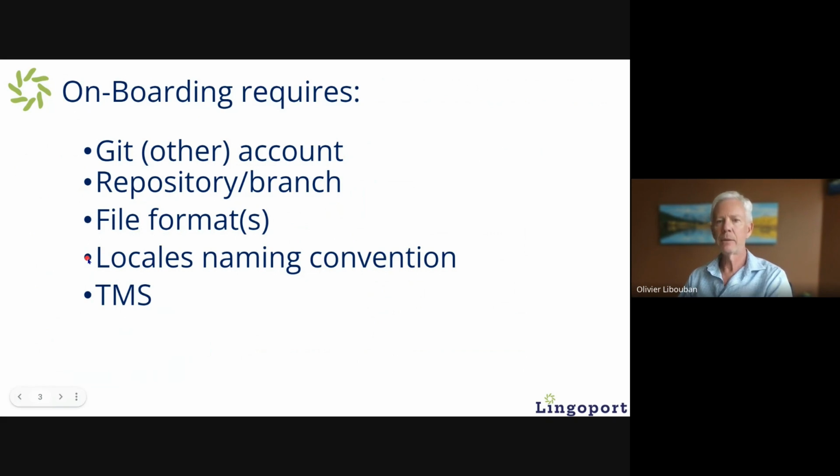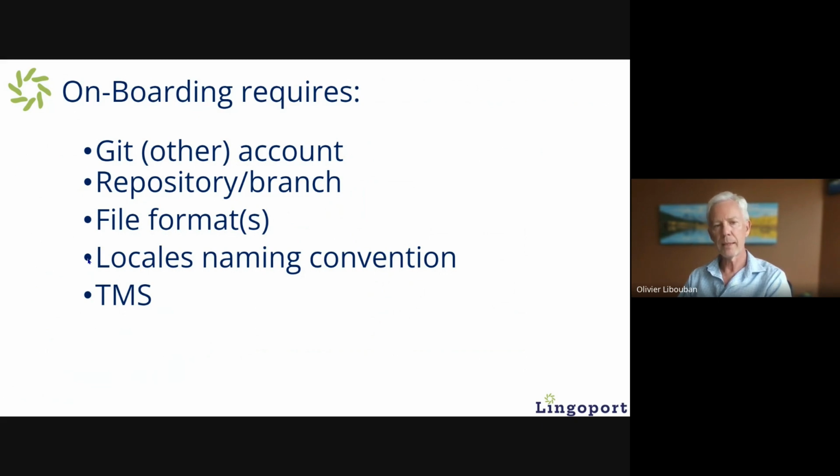Then the locale naming convention may be on a directory name, maybe in the file itself that needs to be translated. For example, you can have a locale naming convention that says that US English is going to be named EN, or it's going to be named EN-US, or it's going to be named EN_US, or uppercase English.